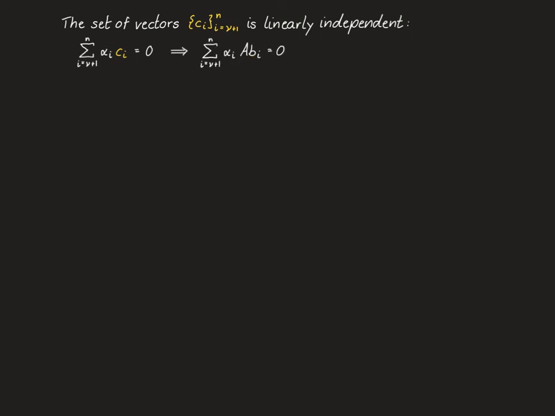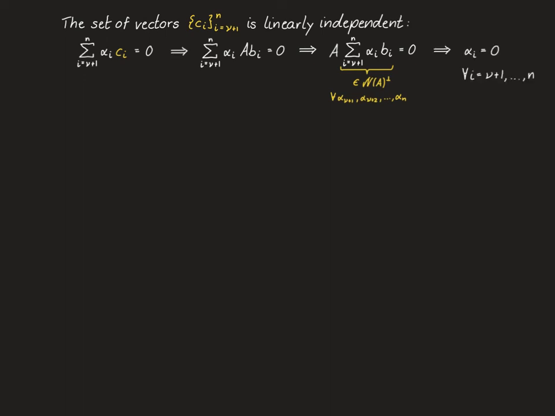Now we substitute the definition of the vector ci, which says that they're equal to A bi, where we can now pull the matrix A out of the sum, where we observe that the remaining sum represents a vector in the orthogonal complement of the null space of A for all choices of the scalars alpha i.